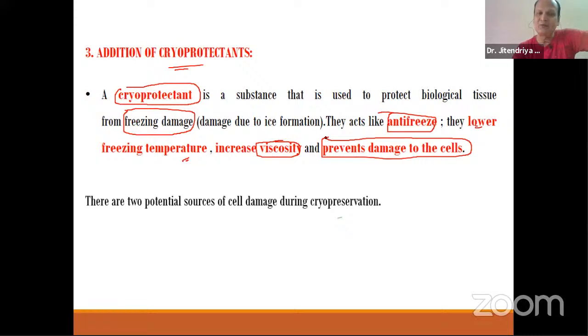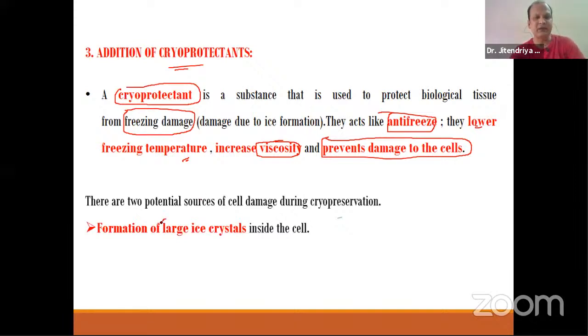Most importantly, by applying this, we do not destroy the cells, or rather we prevent damaging the cells. There are two potential sources of cell damage during cryopreservation. First, they may create large ice crystals, and if that happens, then the cell is going to die.